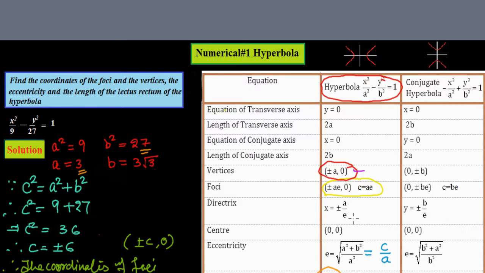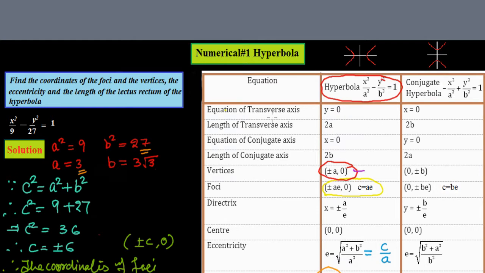So the center is already O, and if we have to find out the length of the conjugate axis, the length of the conjugate axis would be 2b. b is here 3 root 3, so it would be 6 root 3. And if we have to find out the transverse axis, that is 2a, a is equal to 3, so 2a is equal to 6.